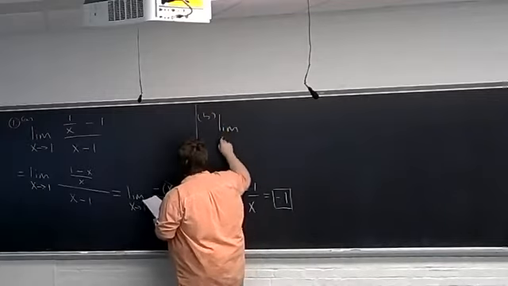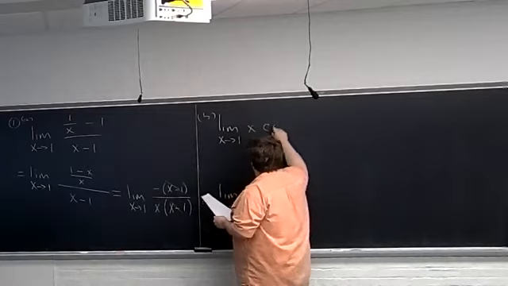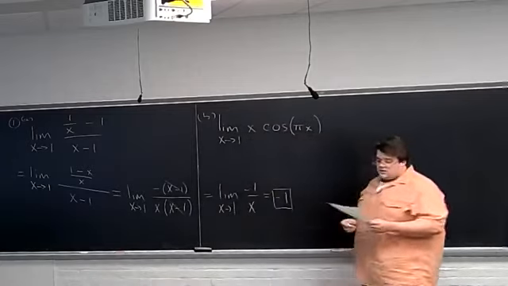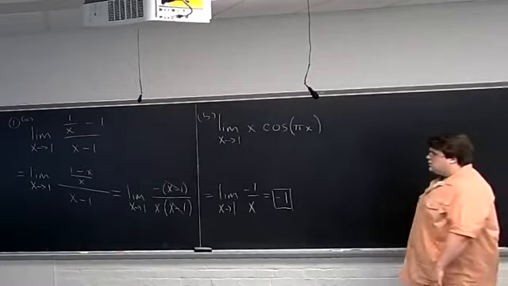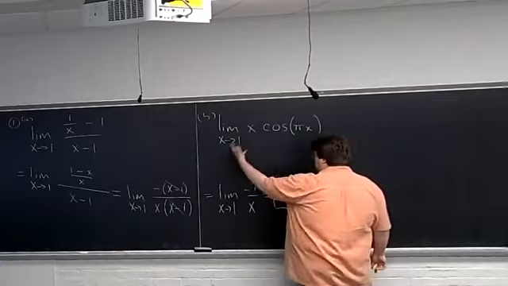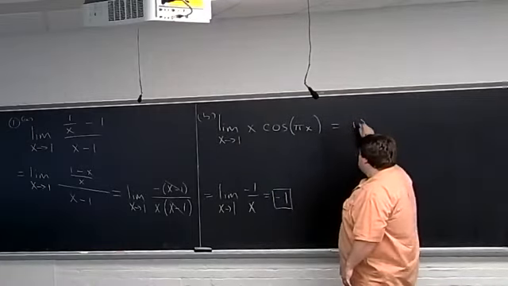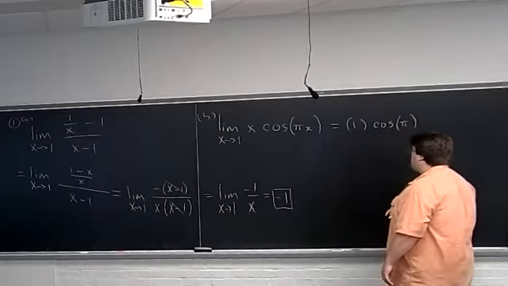Limit as x goes to 1 of x cosine of pi x. Now, cosine is a continuous function, so we could apply a substitution argument if it works. What happens when we let x equal 1? Well, we would get 1 times cosine of pi.